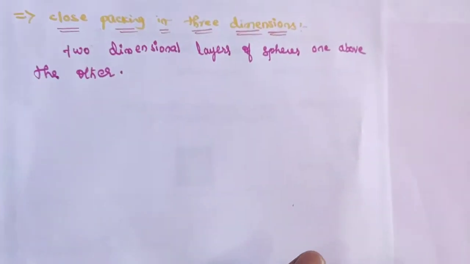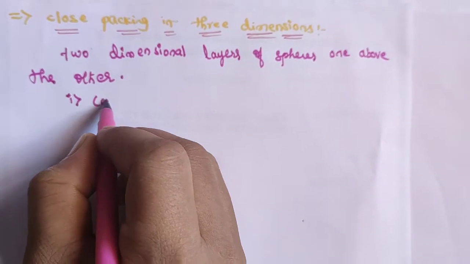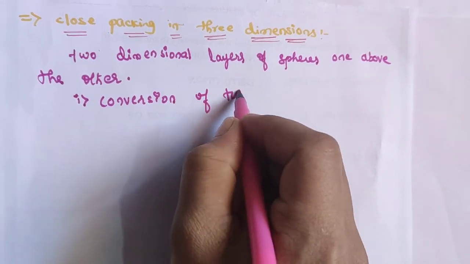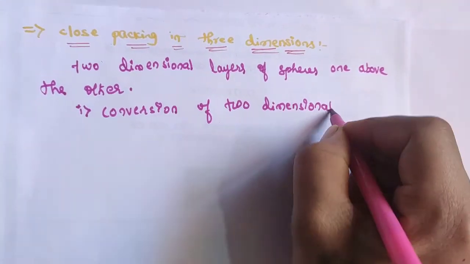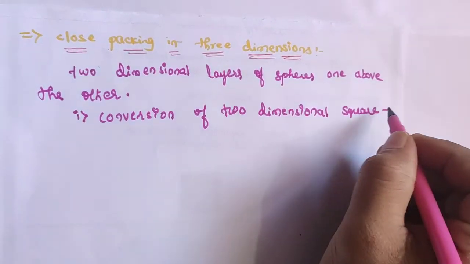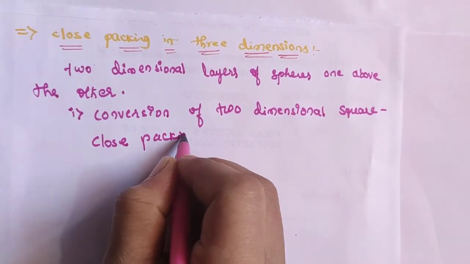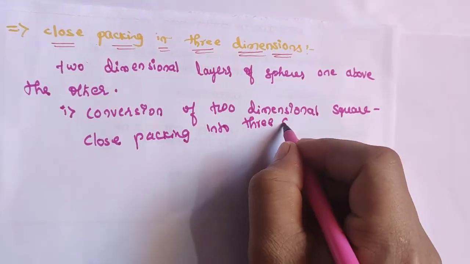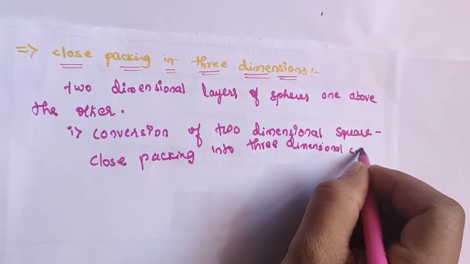Here we should mainly discuss 2 points. The first is the conversion of two-dimensional square close packing into 3-dimensional close packing.